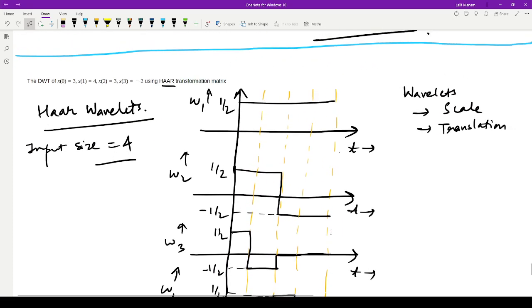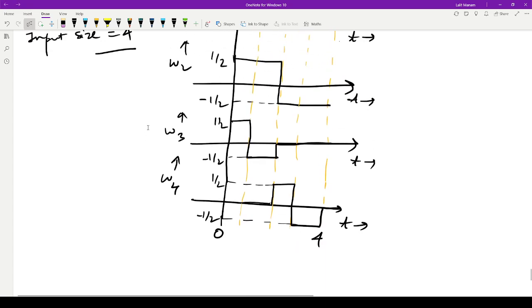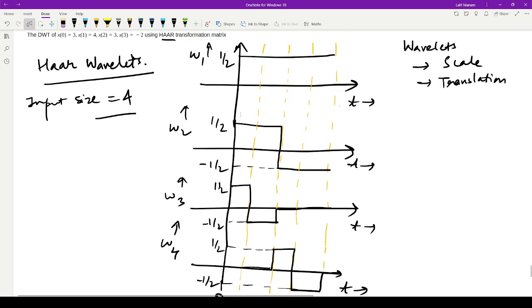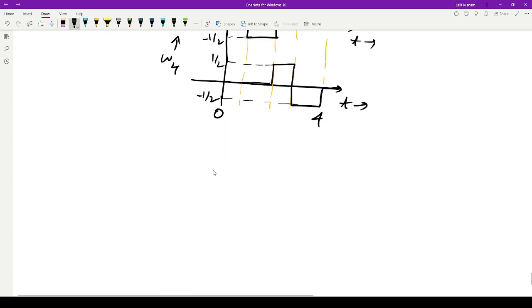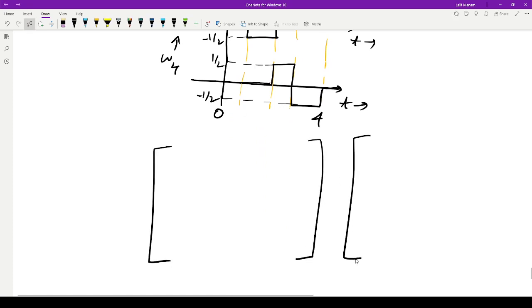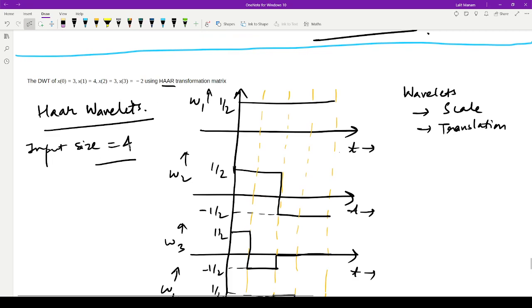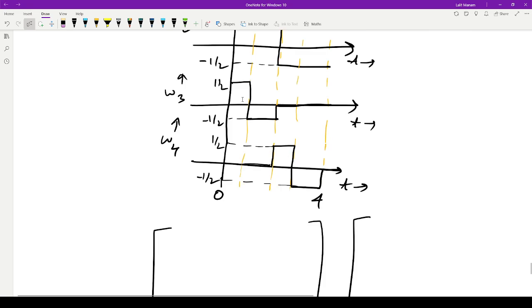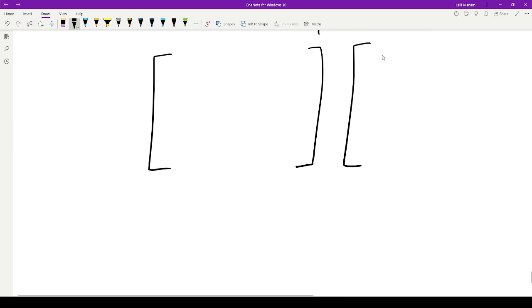So given this, how do you write the Haar transformation matrix? What will be the transformation matrix? Since we have 4 points which have data, x0 is 3, 4, 3 and minus 2, right?